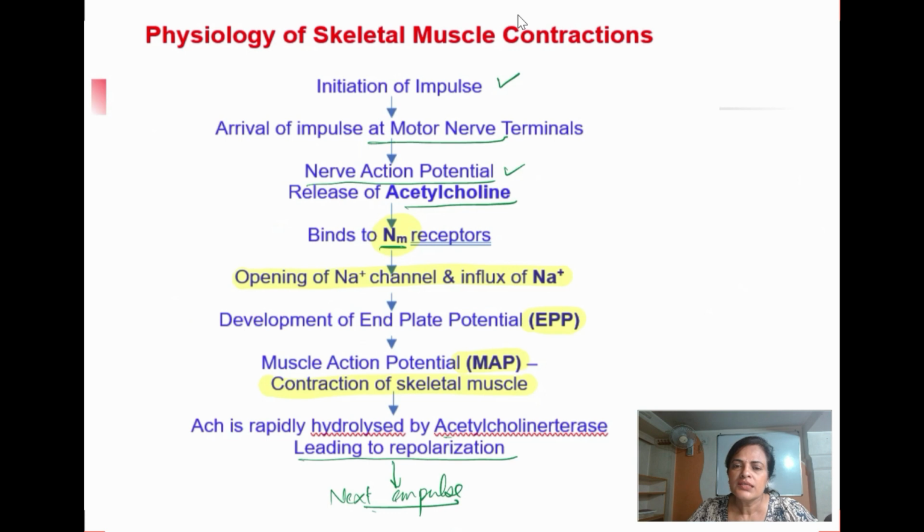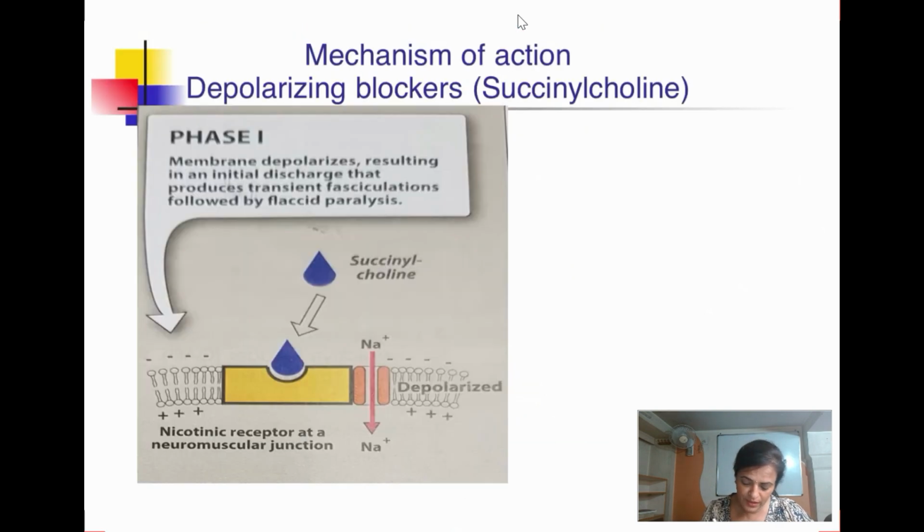Now coming to succinylcholine, how does it work? Already I have told you, it is a quaternary ammonium compound. It looks like two acetylcholine molecules bound together. So it is also going to bind with the same receptor, the NM receptor.